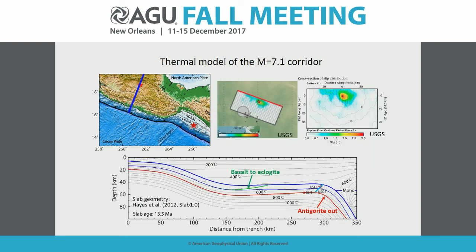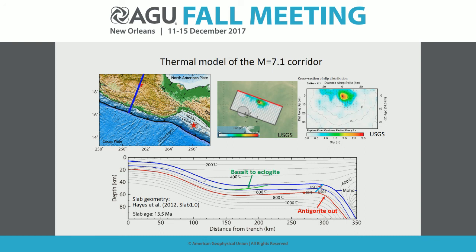We can do a similar exercise for the other profile and the other earthquake. The geometry is more complicated, and the slab is a bit warmer. In any case, if you use the USGS hypocenter, the rupture is assumed to be this way, but it could be the other way, and that's up for discussion. No matter what, a lot of the rupture seems to be in the mantle part of the slab as well.